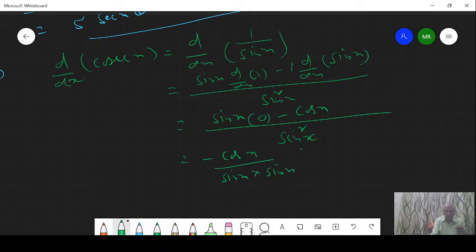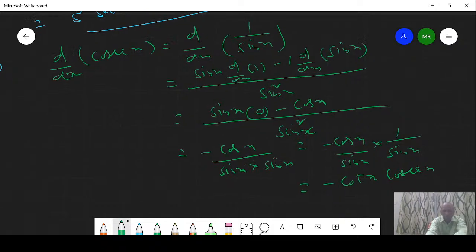How convenient we can take it. Now I can split minus cos x by sin x into 1 by sin x. But we know that minus cos by sin is minus cot x, and 1 by sin is cosecant x. So the derivative of cosecant x is minus cosecant x cot x.